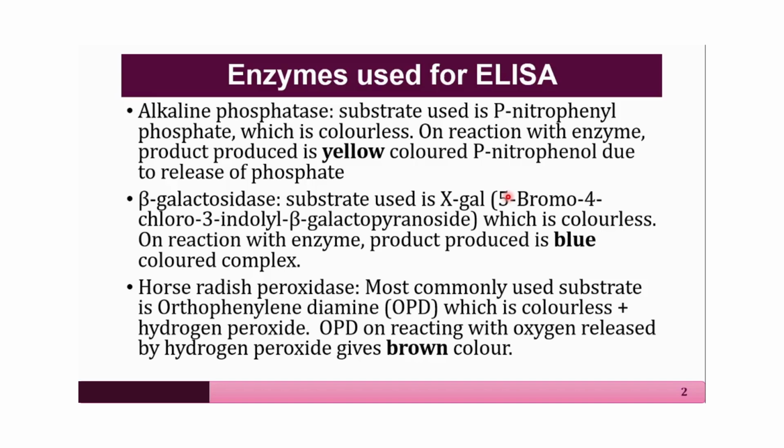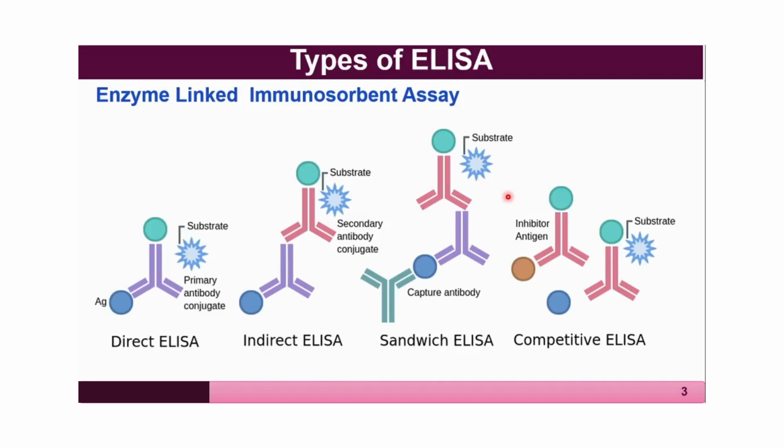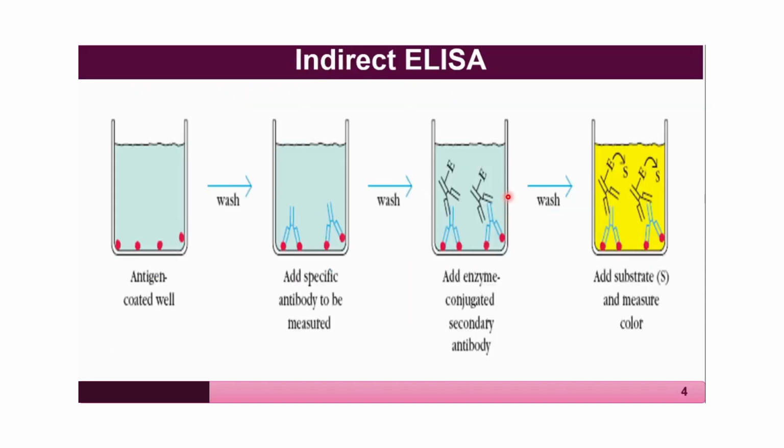The ELISA can be performed in different ways. One, direct ELISA. Second, indirect ELISA. Third, sandwich ELISA. And fourth, competitive ELISA. We will see how the indirect ELISA is performed.